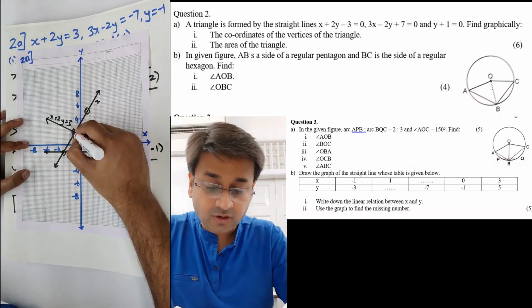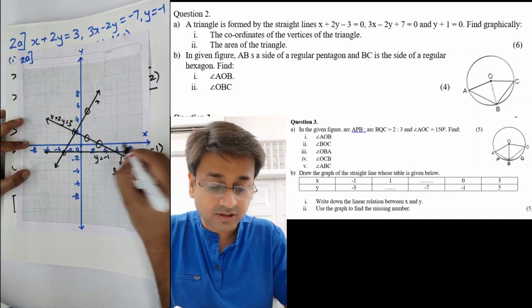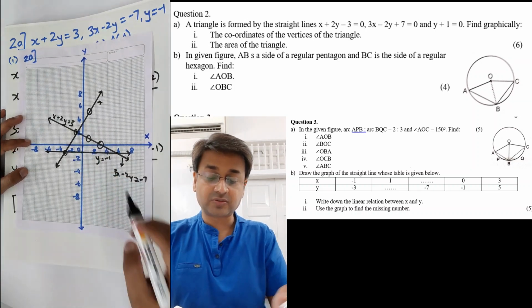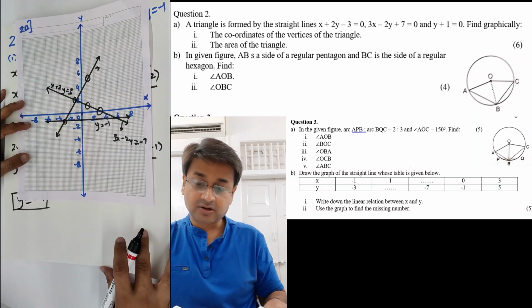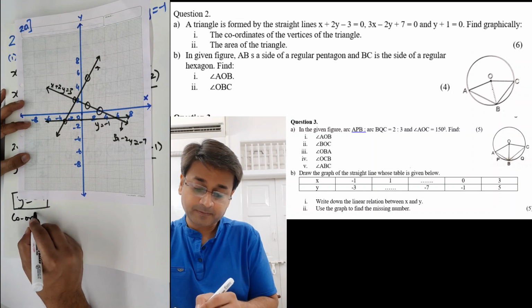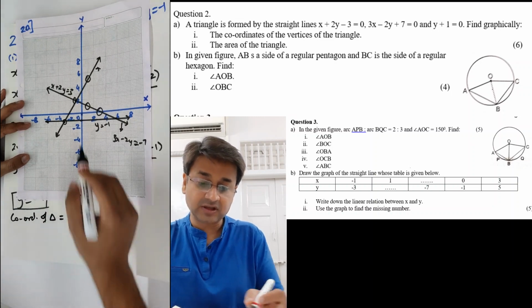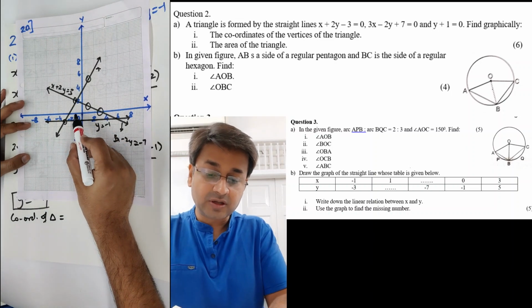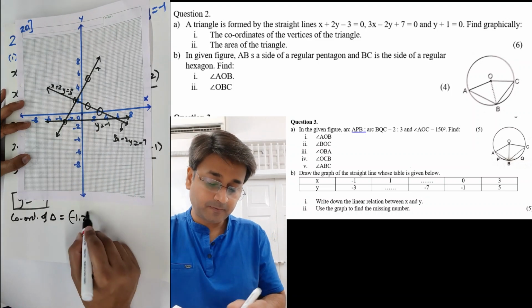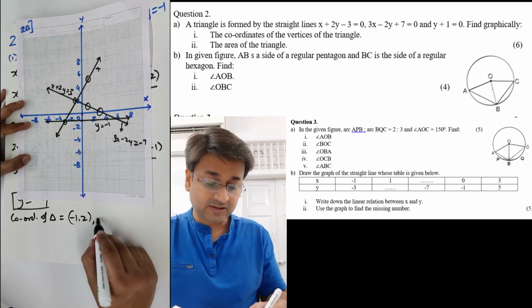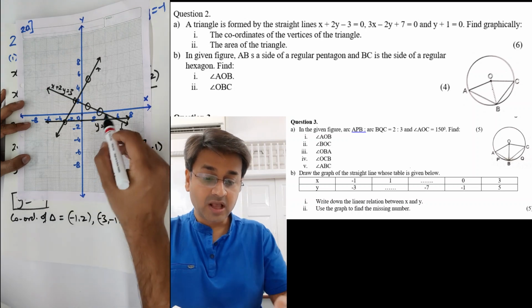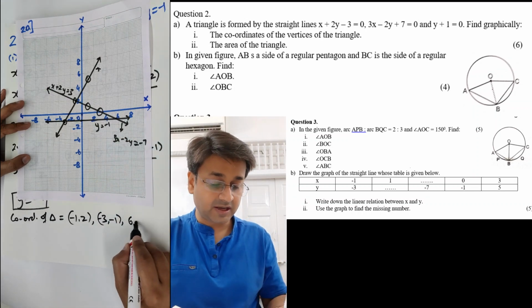So we got our 3 lines. And the triangle is formed by 1, 2 and 3. So what are their points? So the coordinates of the triangle: the first one seems to be minus 1 by 2. The next one is minus 3 by negative 1. And the last one seems to be 6 by negative 1.